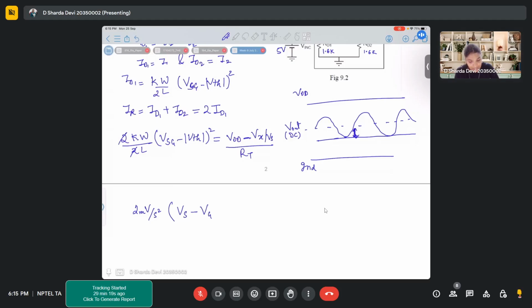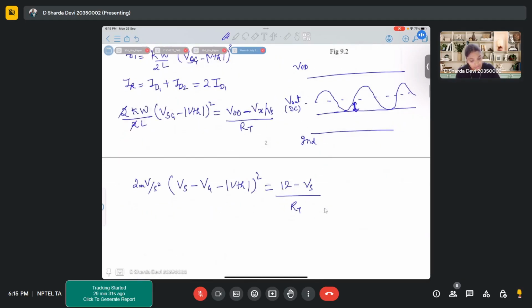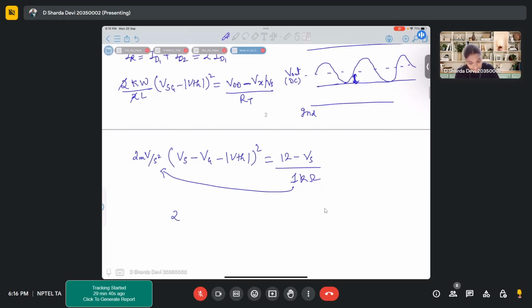Vs minus Vg minus VTH square equals 12 minus Vs by RD. RD was 1 kilo ohm. So if I multiply it on this side, it will simply become 2 milliamperes per volt square.